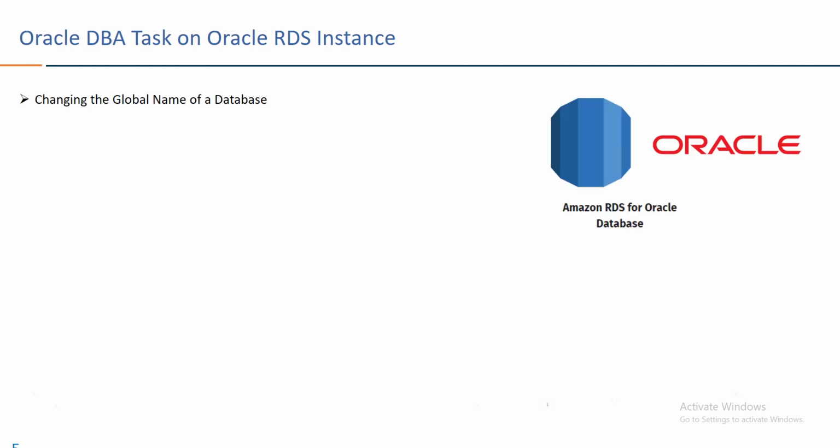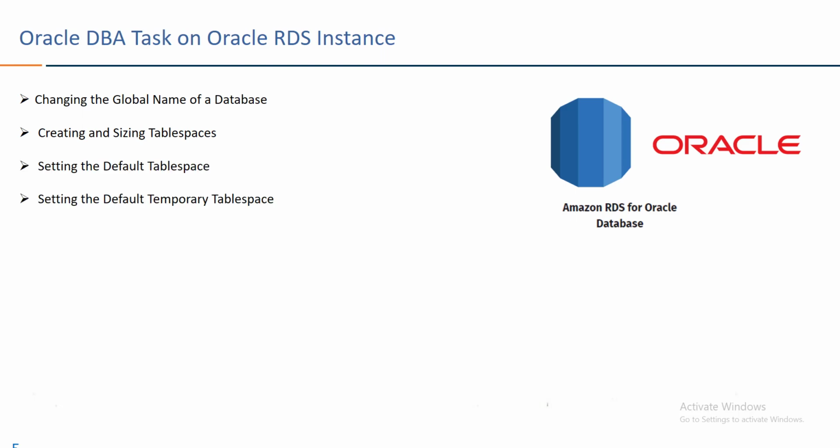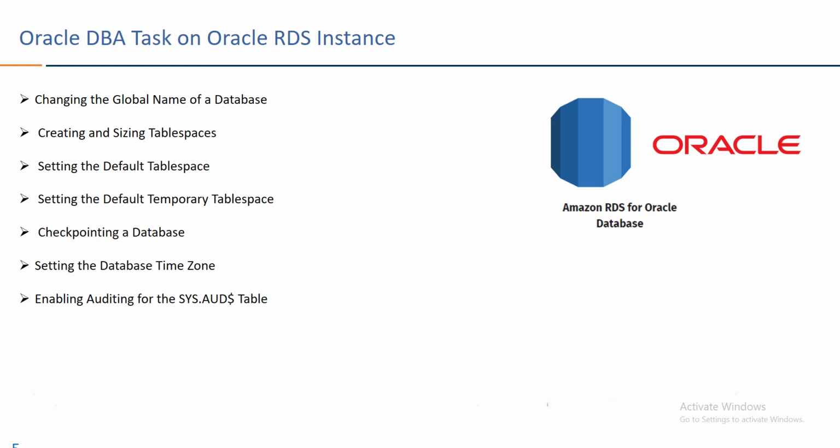Similarly, change the global name, create a tablespace, set a default tablespace, set the default temporary tablespace, checkpoint the database, alter system checkpoint, how can you run that here? Setting the database time zone is very important. Enabling auditing for your table, disabling auditing, resizing a temporary tablespace in a read replica.